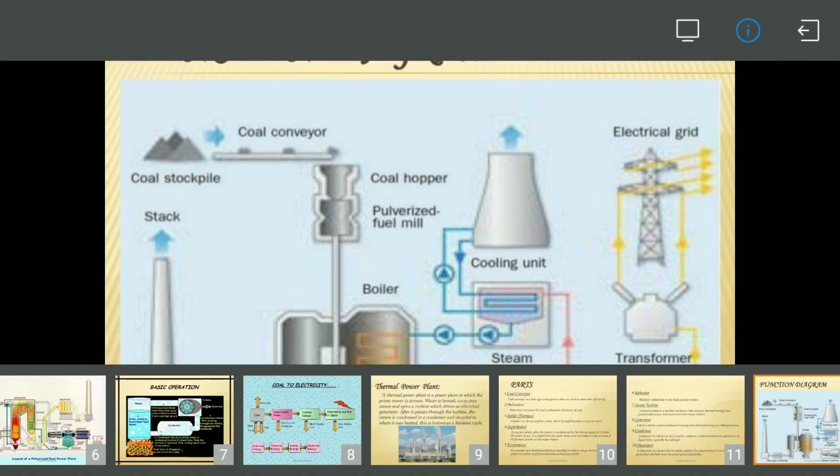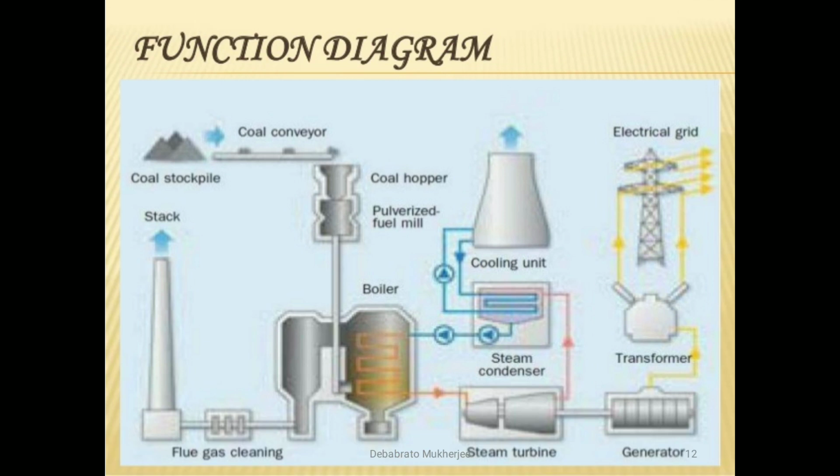When the superheated high pressure steam hits the turbine, torque is produced, which makes the turbine rotate. Since it is coupled to the generator, the generator will also rotate.